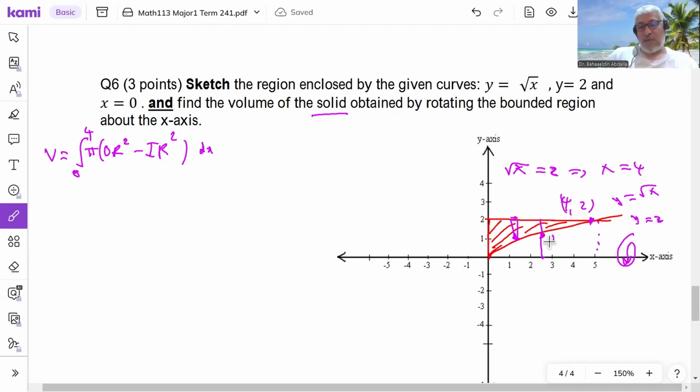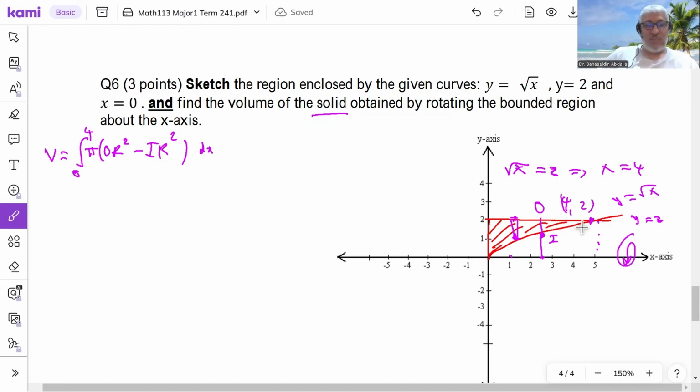The first curve you pass is the inner, and the second curve would be the outer. So the outer radius would be the distance from the x-axis, the axis of rotation, to the second curve, which is the line y equals 2.